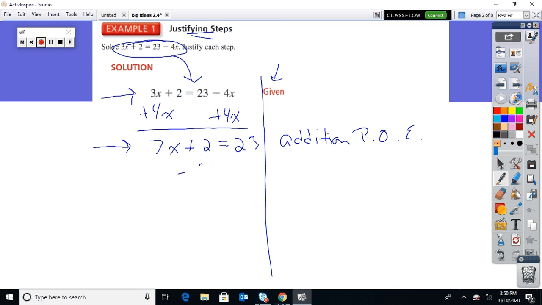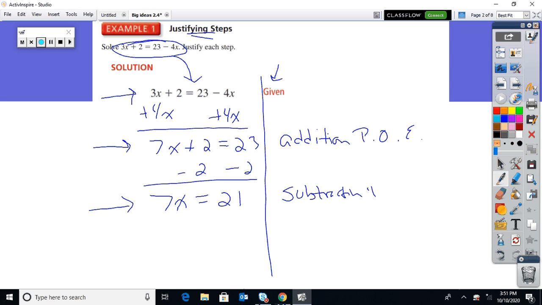Then from there, of course, we would subtract 2 on both sides, leaving us with 7x equals 21. So there's the third line. And how did we get there? Well, we subtracted. So subtraction property of equality.